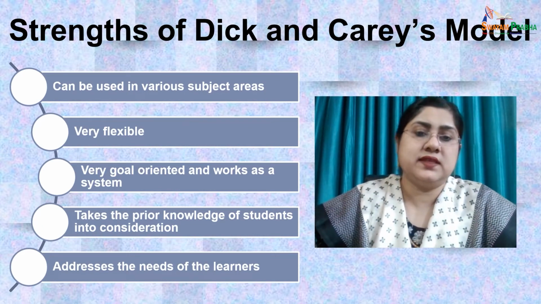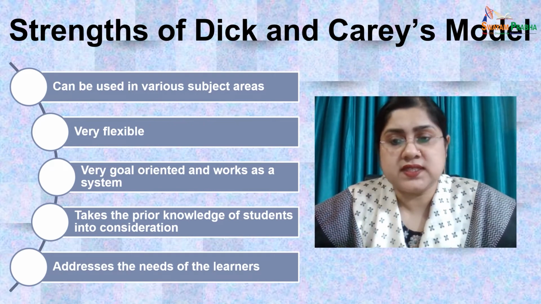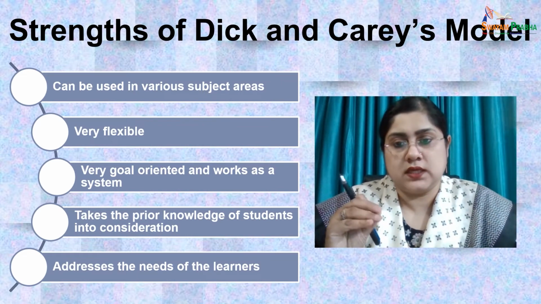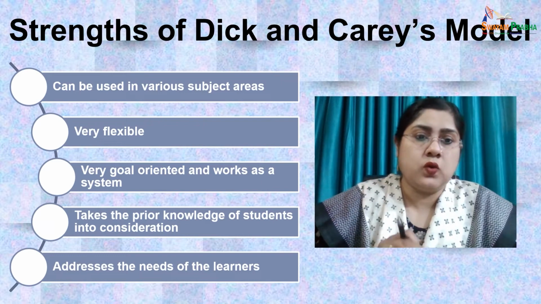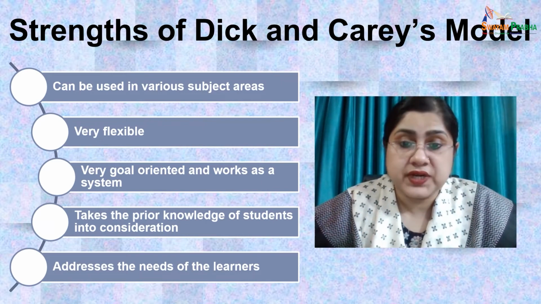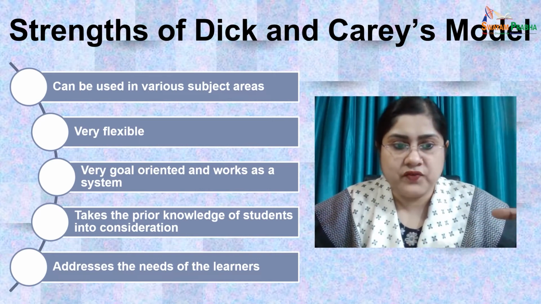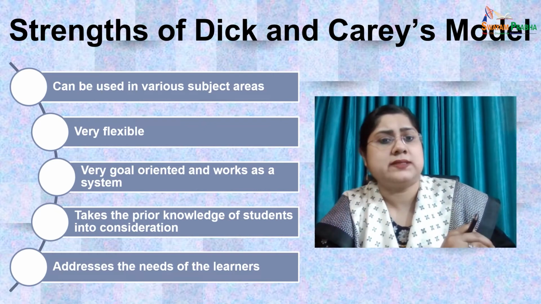Another strength is that this model is very goal oriented and it works as a system. We all know that it is also considered to be the systems approach based model. By starting with a goal in mind, the other components of the model interconnect with each other and develop from that initial starting point.